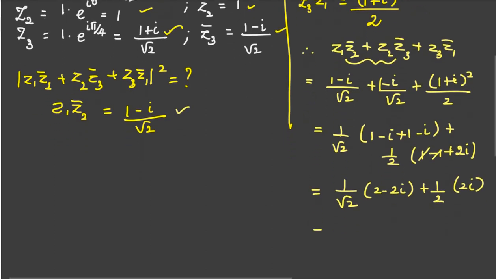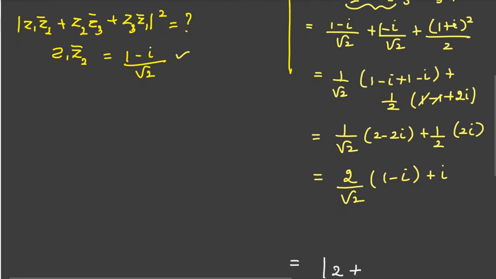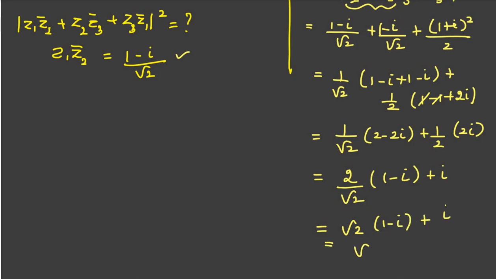Now this is equal to 2 by root 2 into 1 minus iota plus iota. Again, this is equal to root 2 into 1 minus iota plus iota, and further can be written as root 2 plus iota into 1 minus root 2.